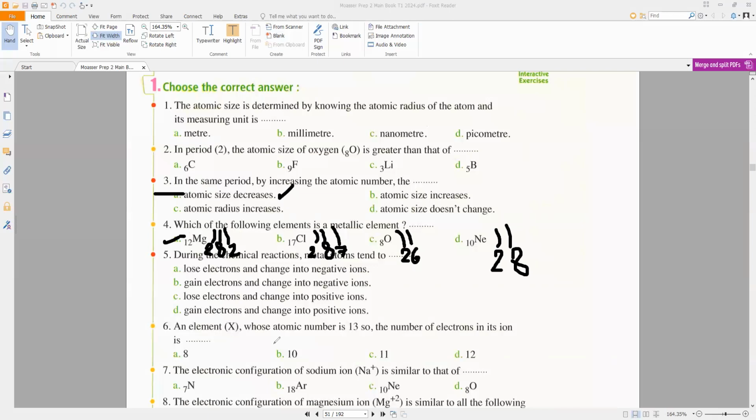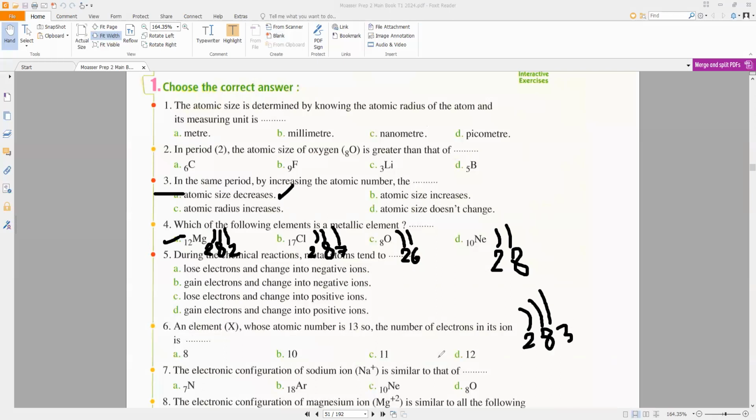And element X, whose atomic number is 13, is metallic. The electronic configuration is 2 in the first energy level, L has 8 electrons, the third has 3.